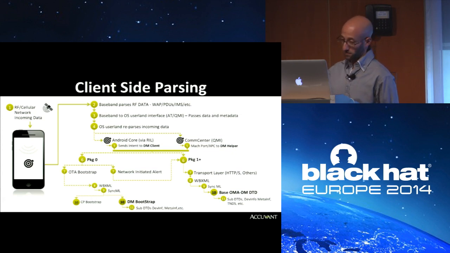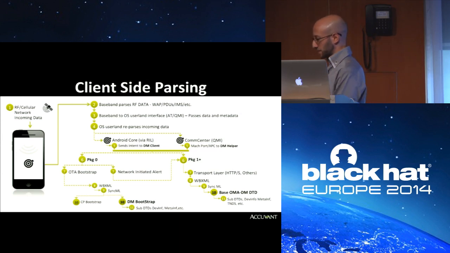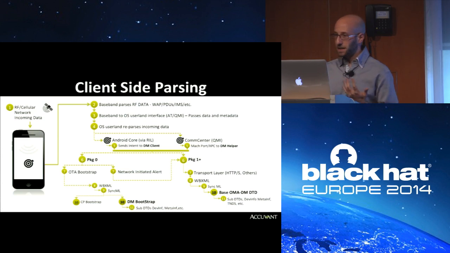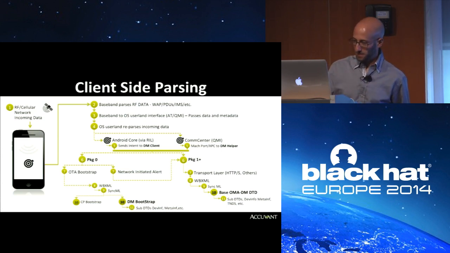And there's a bunch of different layers. You have WBXML, SyncML, and multiple DTDs under here. We're talking a total of about 8 different parsers in this little client. Lots of attack surfaces.